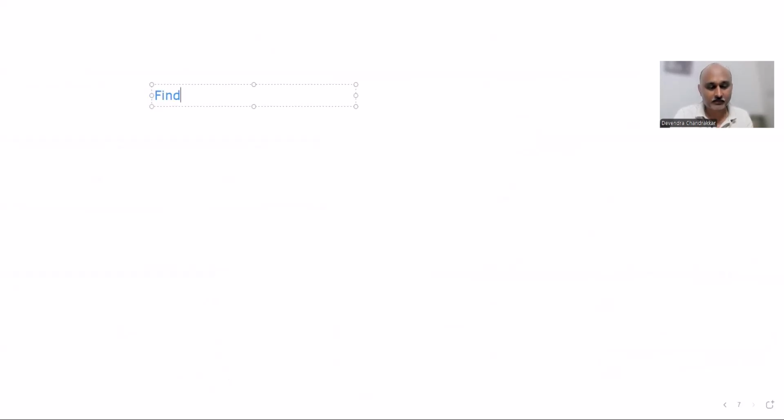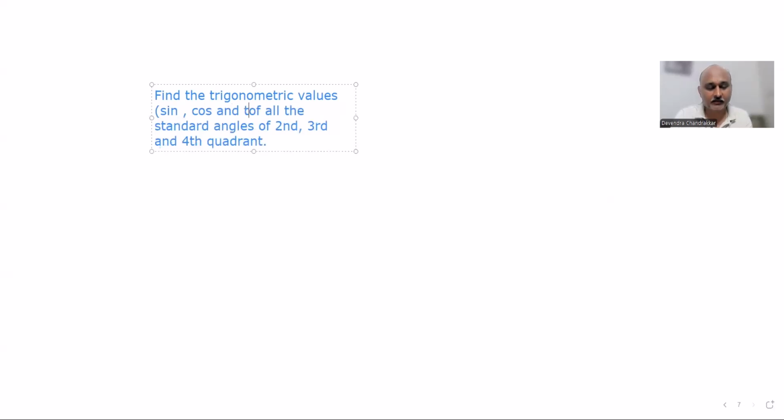Find the trigonometric values of all the standard angles of the second, third, and fourth quadrant. By trigonometric values, I mean sine, cos, and tan.